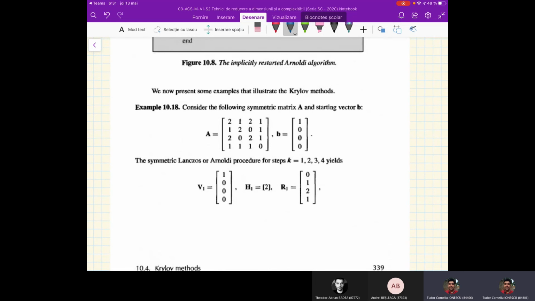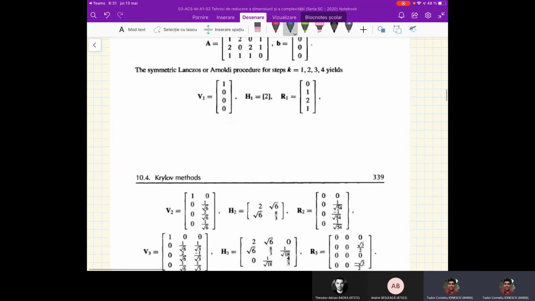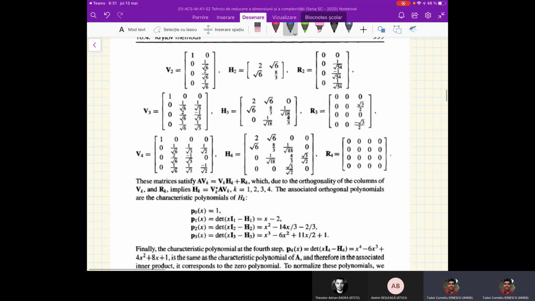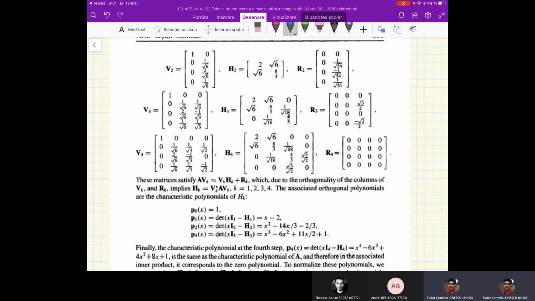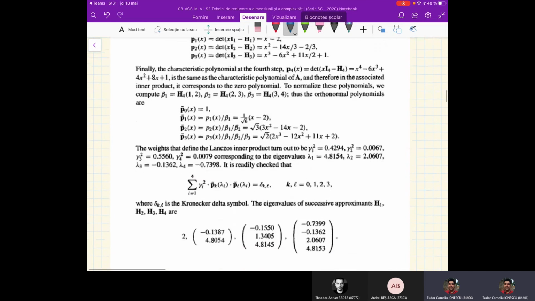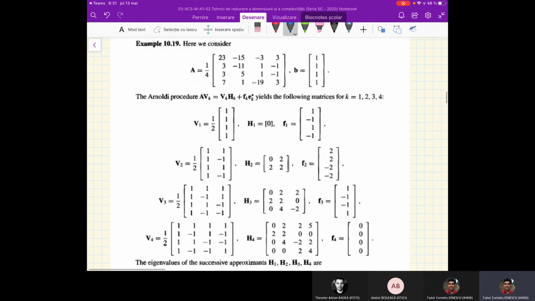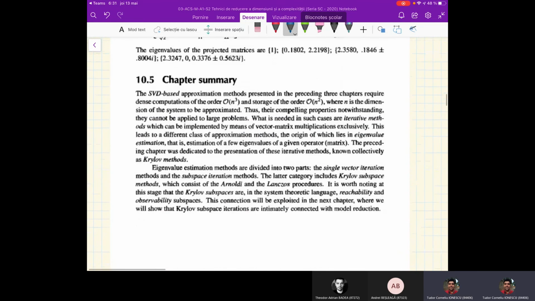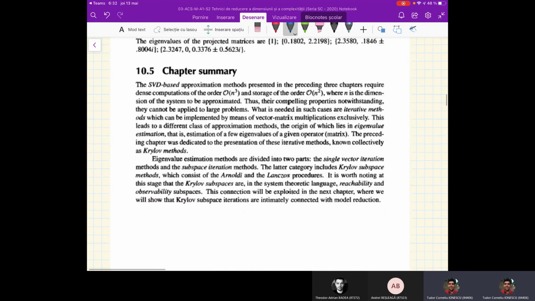Consider the symmetric matrix A and the starting vector B. It shows you the symmetric Lanczos and Arnoldi procedures for steps 1, 2, 3, and 4, and how you do all the computations and what the algorithm is producing. This is very interesting, and I would like you to access, learn and study these things, because they can also be quite useful for you to understand the papers for the exam.